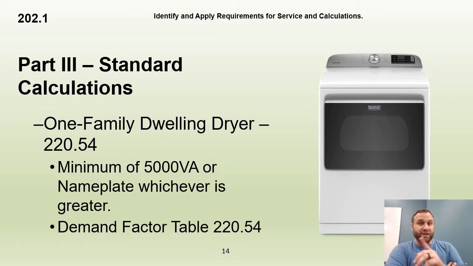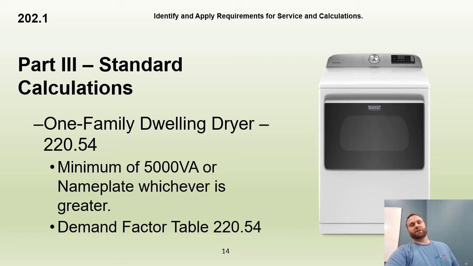Now, if the nameplate says something greater than 5,000 VA, maybe my nameplate says 6,000 VA, then I include 6,000 VA in my total accumulated volt amps for the power of that service. So what it comes down to, a minimum of 5,000 VA or the nameplate, whichever is greater. Nothing less than 5,000 VA though.